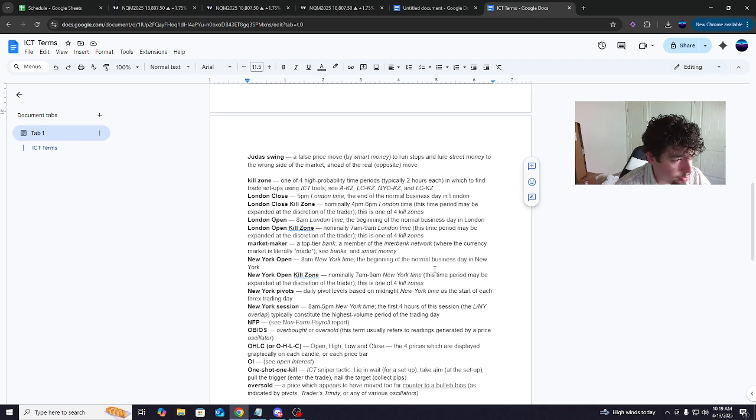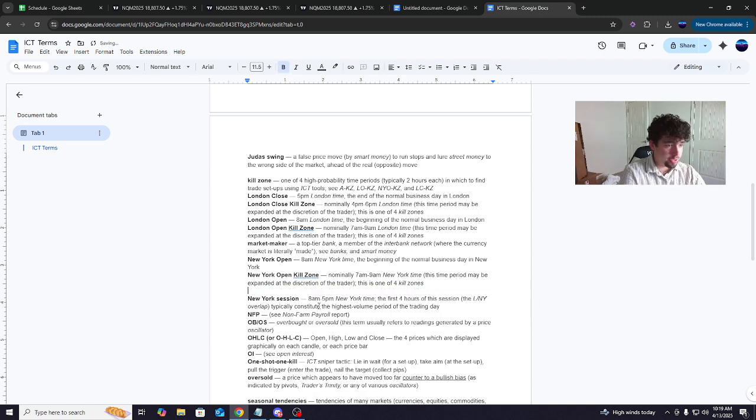There are different kill zones for different models that people use. Disregard the pivots. I'm going to go ahead and take that off. New York session is 8 a.m. to 5 p.m. That is when you hear the stock market bell ring on Wall Street, and when you hear it close at 3. That is basically the whole New York session.